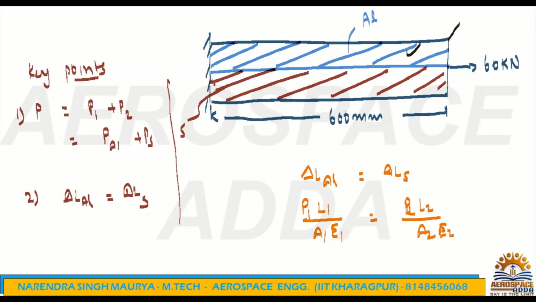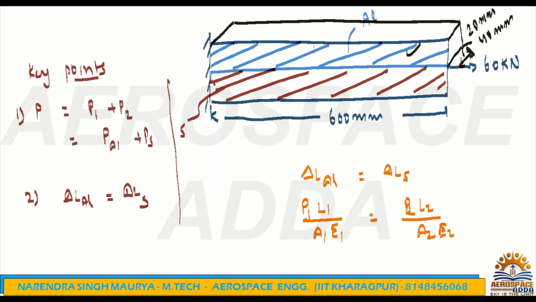So this is the aluminum. If you clearly see the problem, they clearly mentioned aluminum 40 wide and 20 thick. I can assure you this is the 20 thick, and this is the 40 wide.